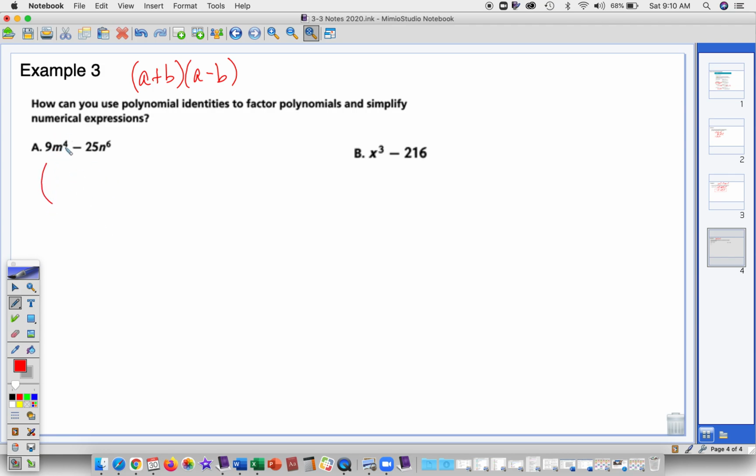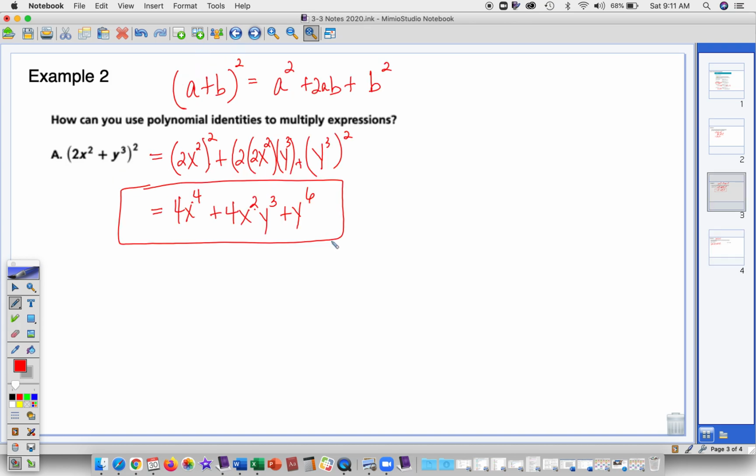Square root of 9m to the 4th is 3m squared. The square root of 25n to the 6th is 5n cubed. And remember, you can always check these by multiplying them back out. Make sure you end up with how the problem started.